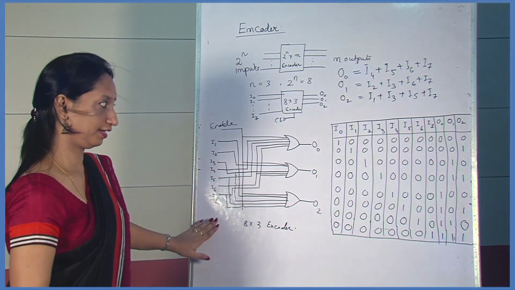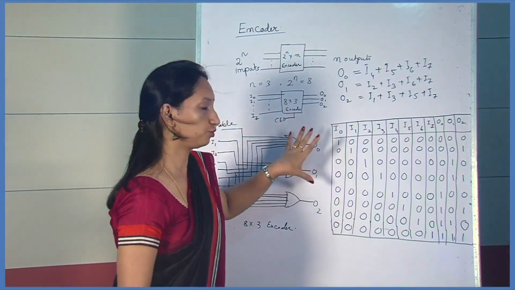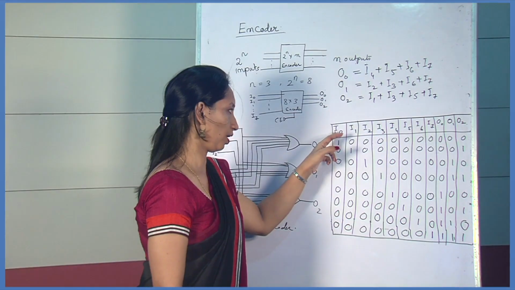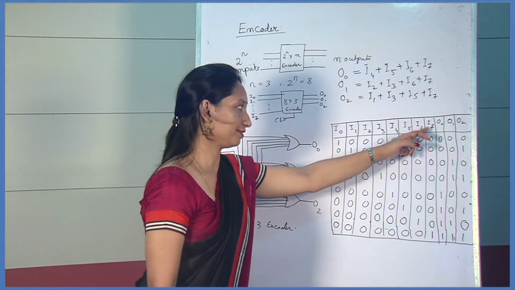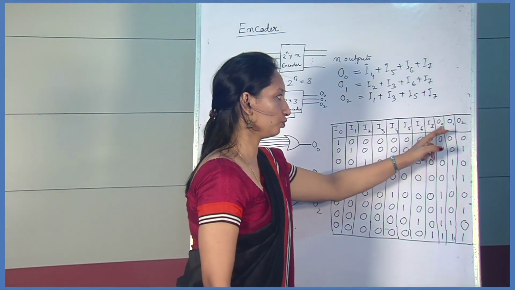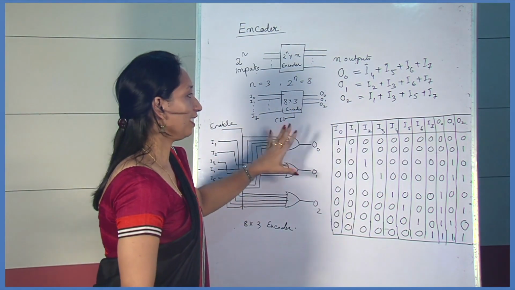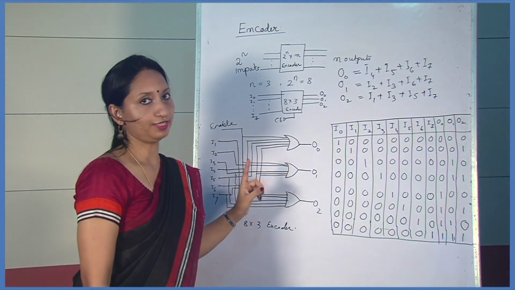So I think it is clear now. Again I am repeating. First you draw the truth table for the 8x3 encoder. There are 8 inputs, so I have marked I0 to I7, and 3 outputs O0, O1 and O2. And it is assumed that at a time only one input is high.